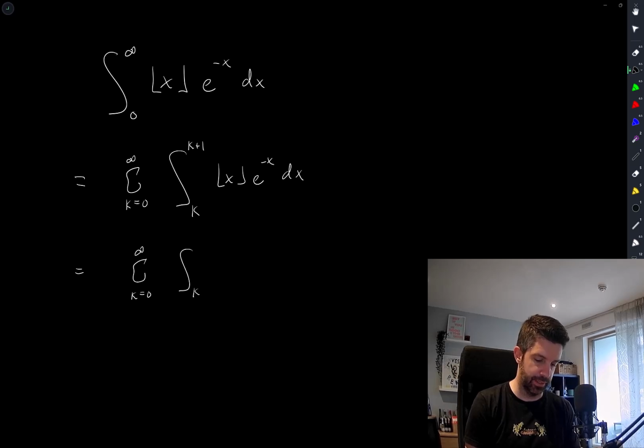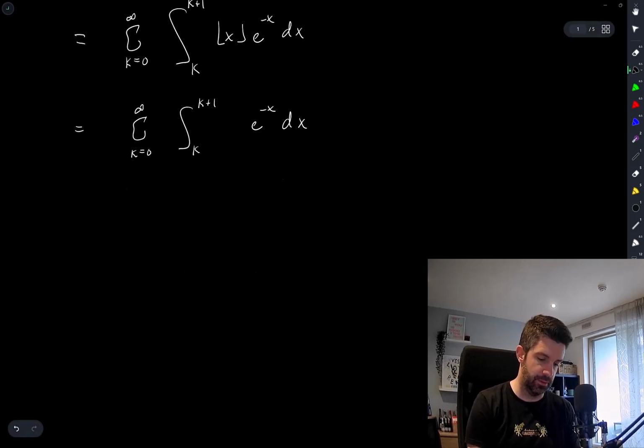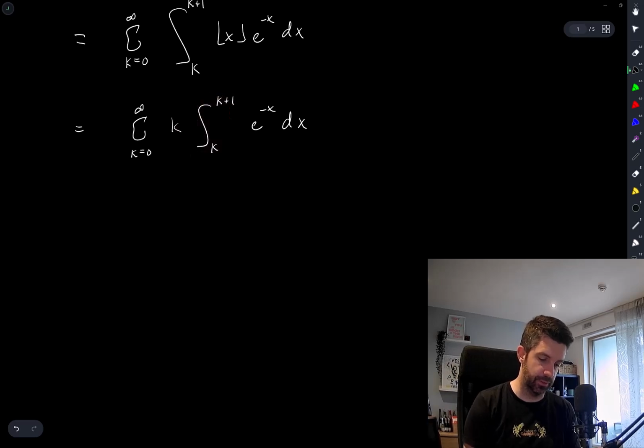So I can write it as k times e to the negative x dx. And of course, this k doesn't depend on the variable of integration, so we can take that out in front like this. This integral should be pretty easy to evaluate.